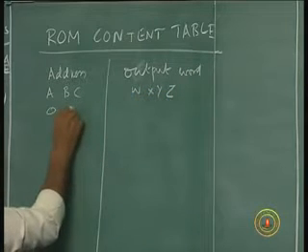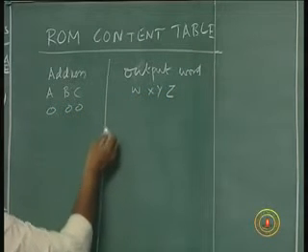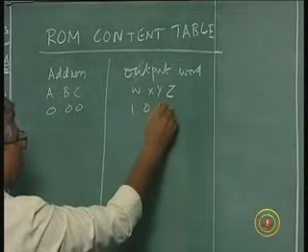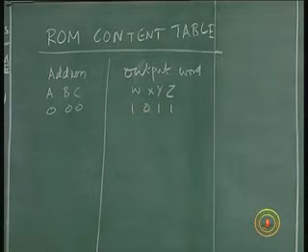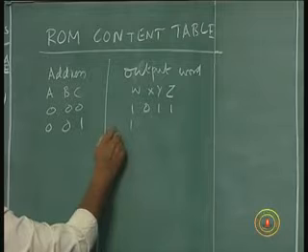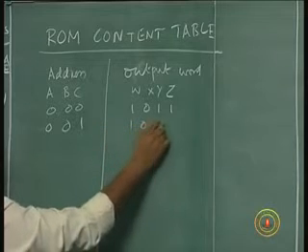So address 000 will have whatever, 1 0 1 1, as an example. Don't take it too seriously. And then I will say 001, something like this.